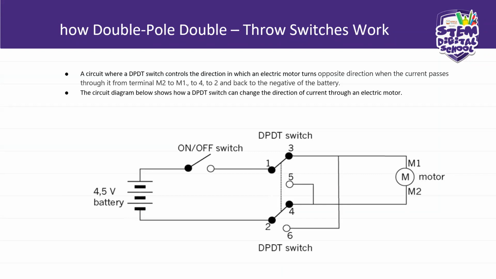So there is your double pole, double throw switch. This is just a single pole. This is the first switch, the single pole, single throw switch.